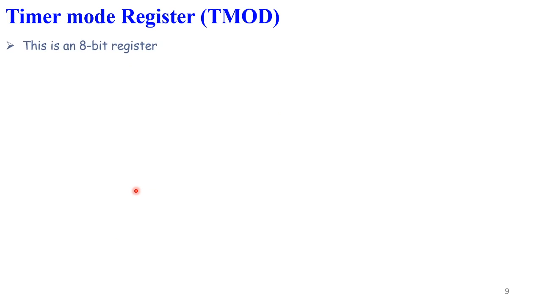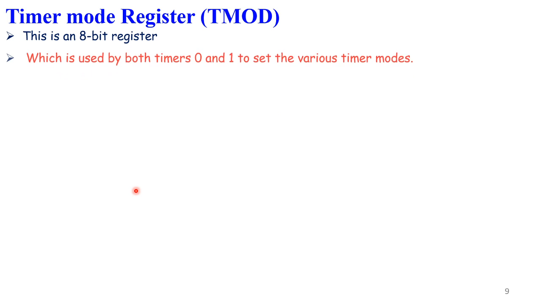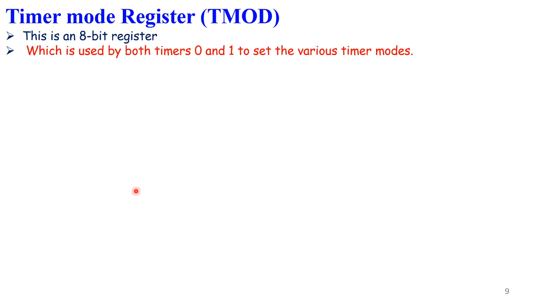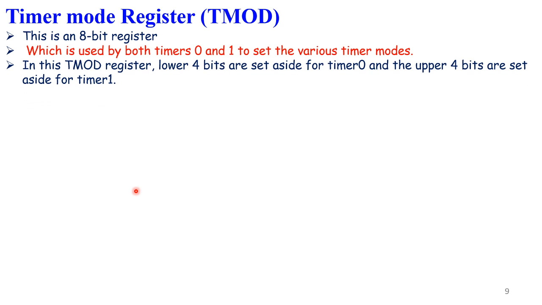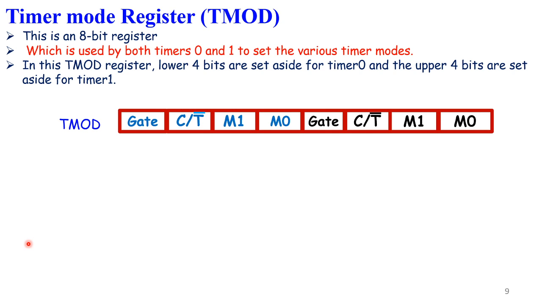Now the timer mode register, which we already discussed in timer and clock. This is a revision of that special function register. It is an 8-bit register. Timer 0 and timer 1 set the various timer modes using this register.